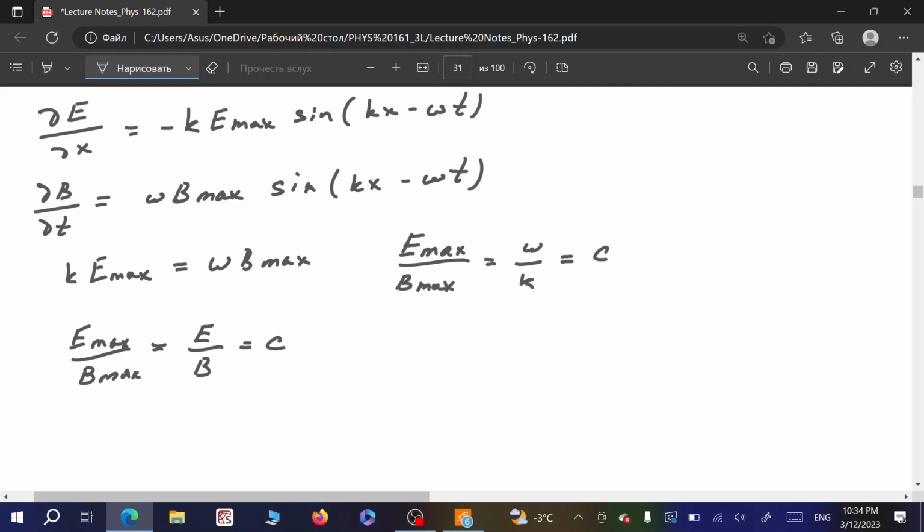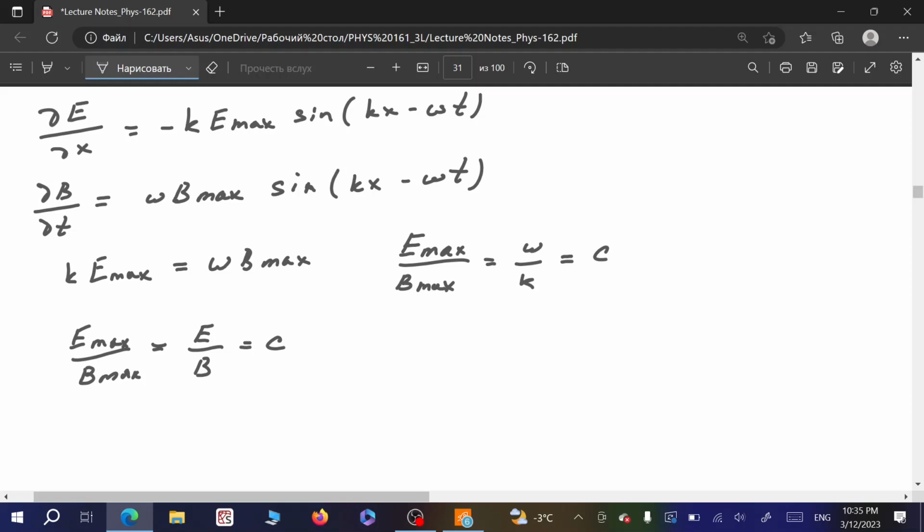So that's an important feature of electromagnetic wave, that at any given moment of time, when we consider some electromagnetic wave traveling in free space, the ratio between magnitude of electric and magnetic field will always give us the universal constant, which is the speed of light in free space.